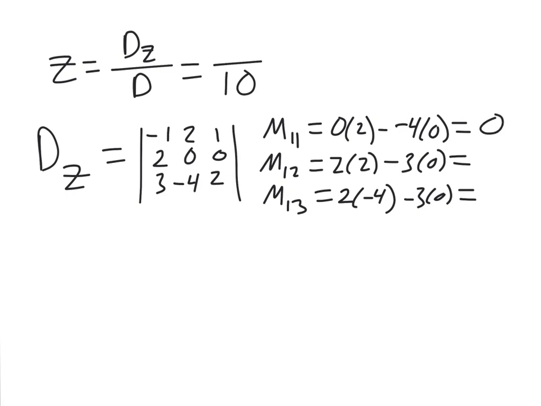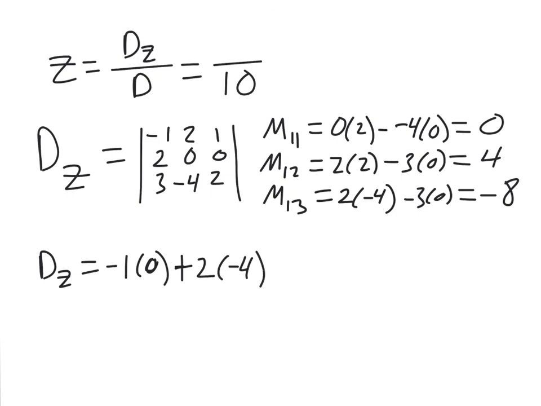First minor is 0. Second one is 4. Third one's negative 8. We are so close. Negative 1 times 0 plus 2 times, of course, negative 4 plus 1 times negative 8, which would basically be negative 8 minus negative 8.